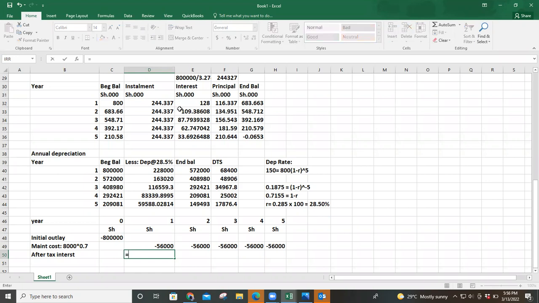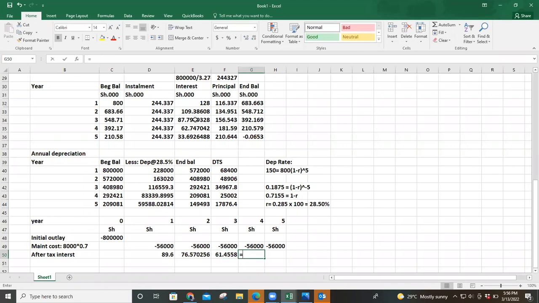The second year equals 109 times 0.7. For the third year, 87.7 times 0.7.